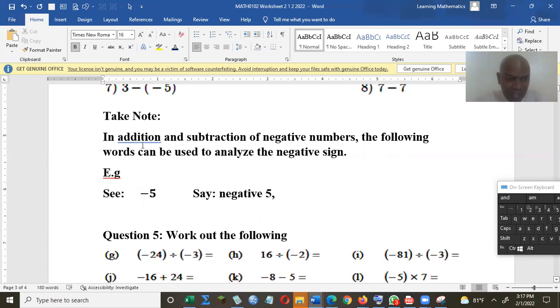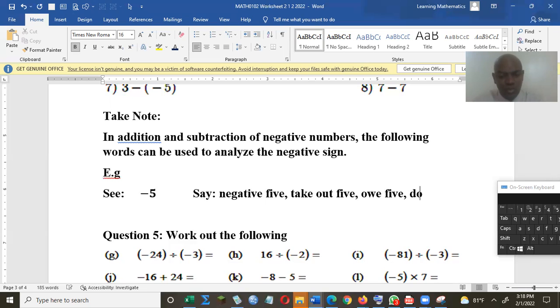But if you are in addition and subtraction, there's something else you can say. You can say take out 5. So you can say -5, you can say take out 5. You can say win 5 or owe 5.